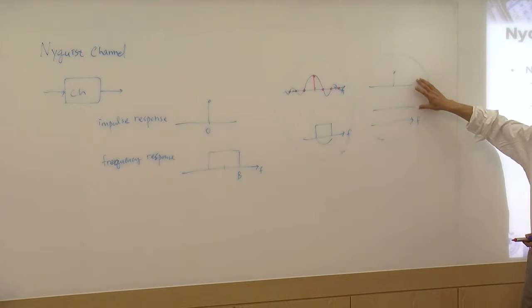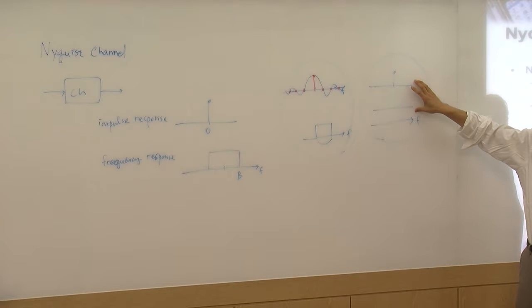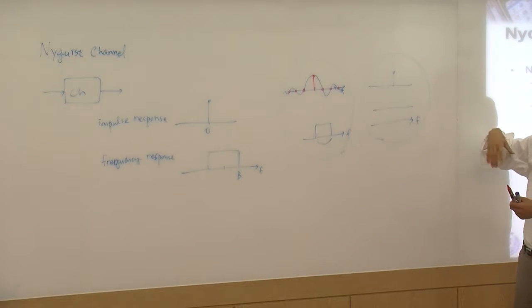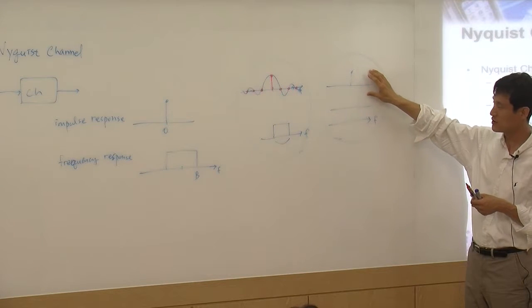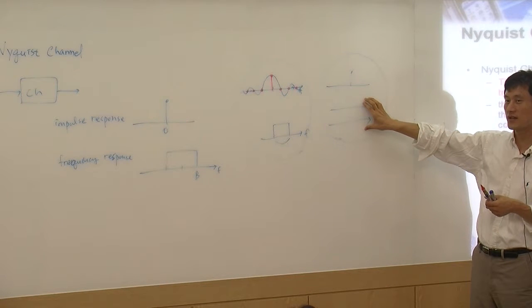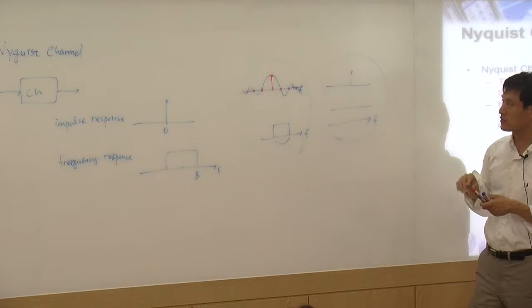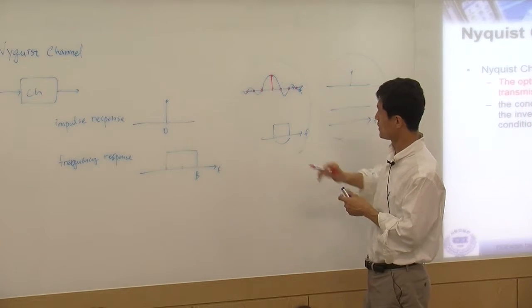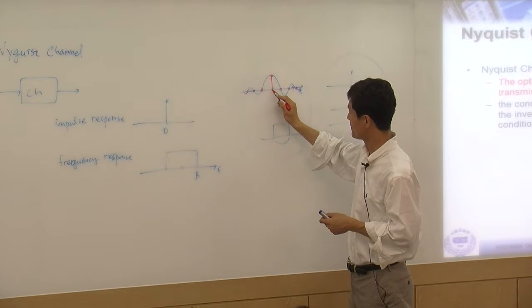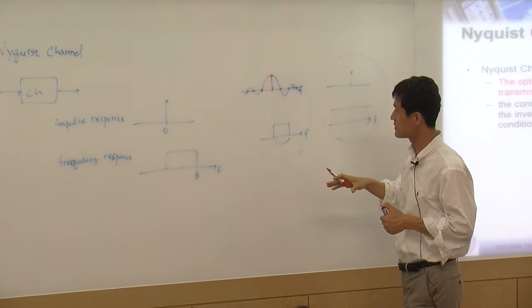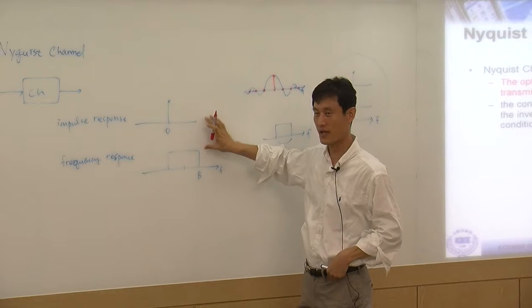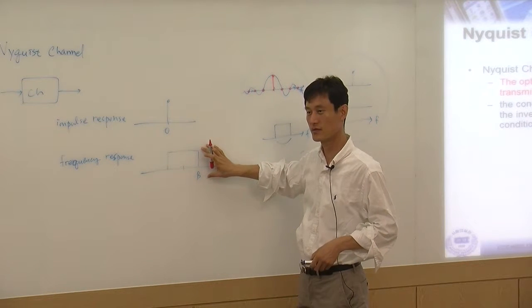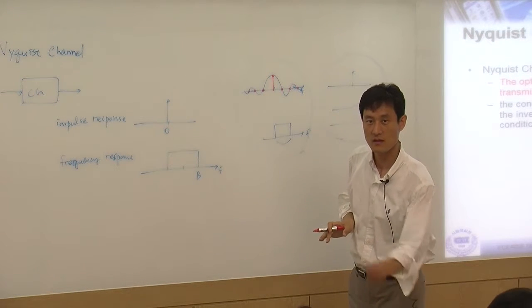This relationship is continuous time, very ideally, this is the ideal impulse response. This is a frequency response in the continuous time domain. But when you think about the very specially chosen sampling frequency, then we can make this kind of impulse response and frequency response. Do you understand what I'm trying to say?